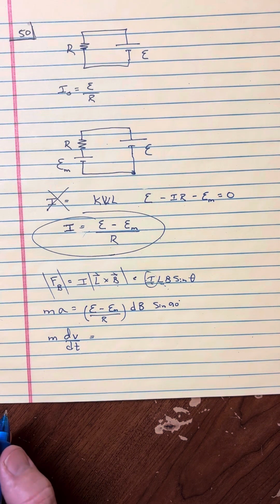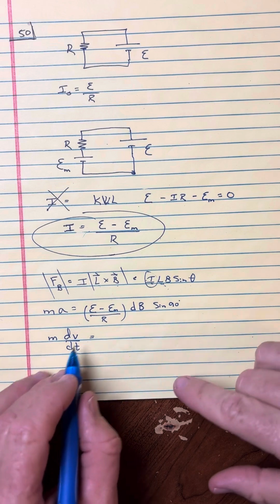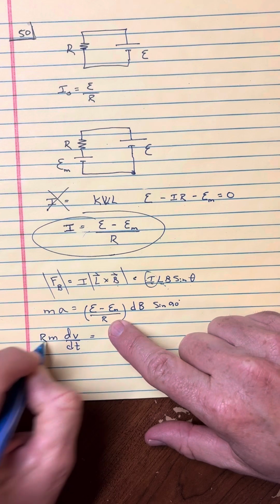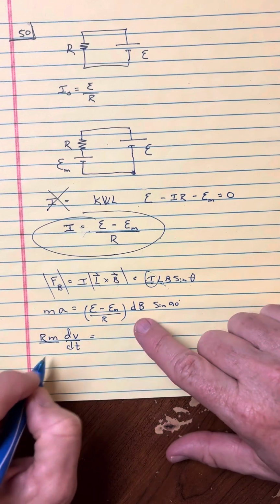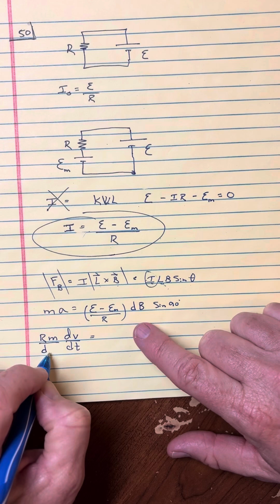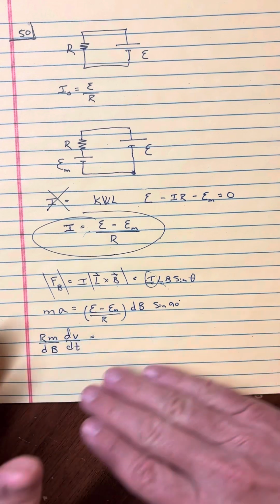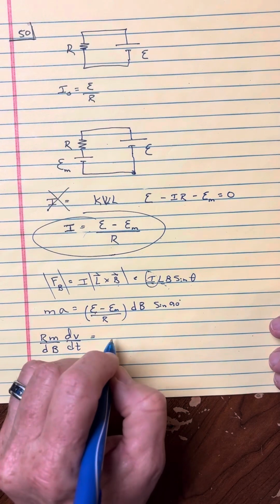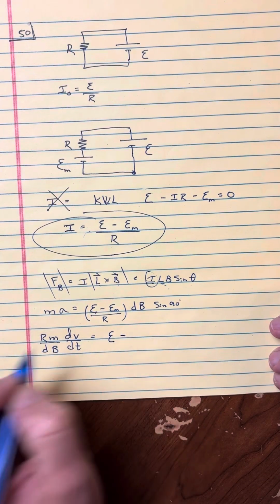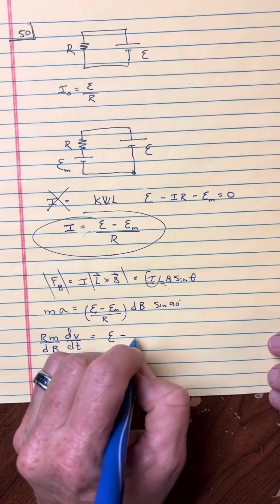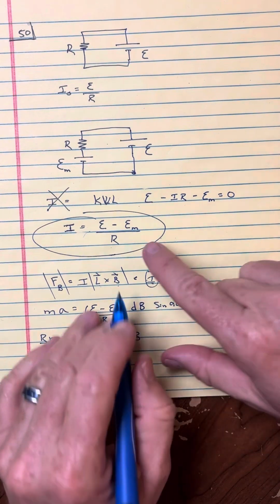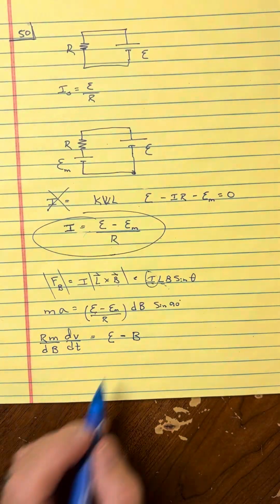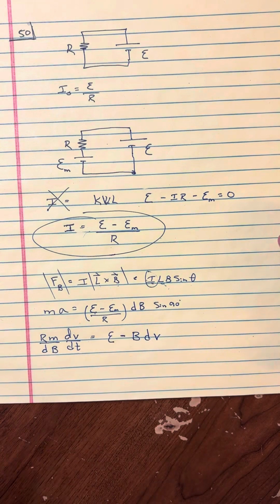Now, let me keep going here. But maybe I will put the R over to here, and also the B and the d over here, because I then have this E, and then here is a minus, and now I'm going to put in the EMF that we did for the motion, B, d, v.